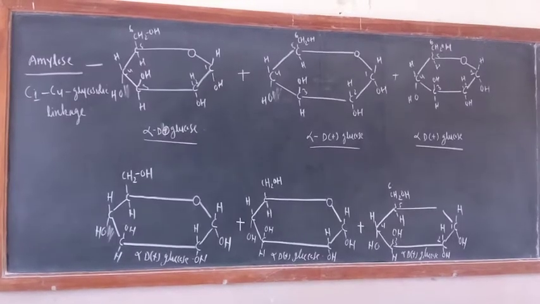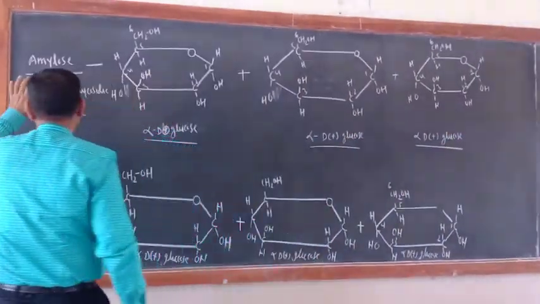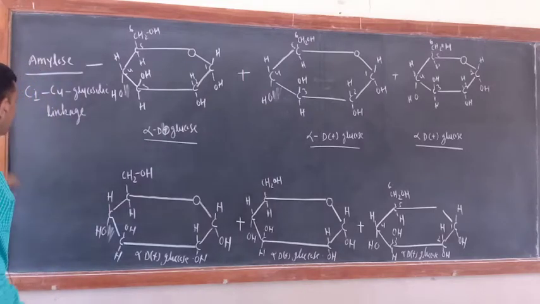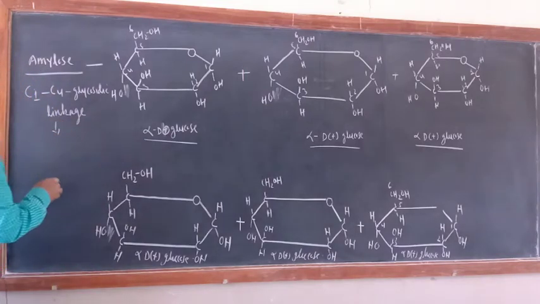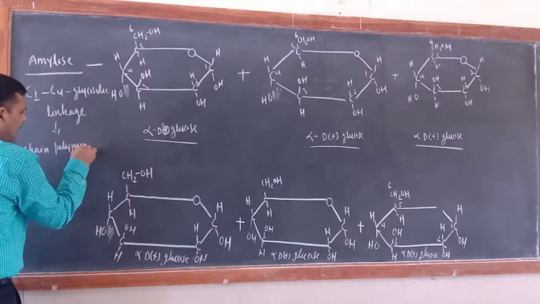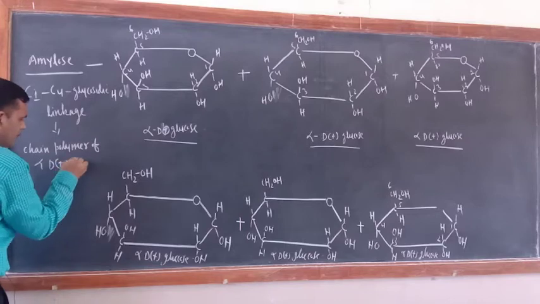So now see the glycosidic linkage in amylose. What is the glycosidic linkage? C1 C4, and you know amylose is the chain polymer of alpha D positive glucose.